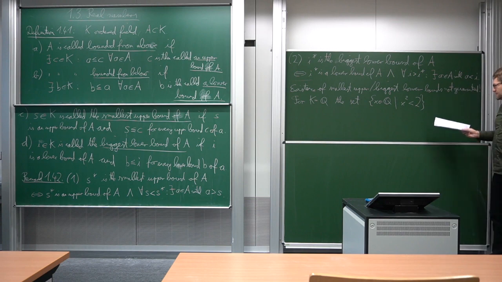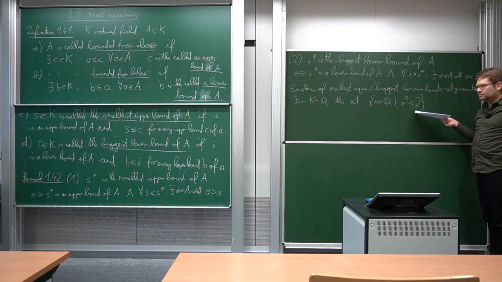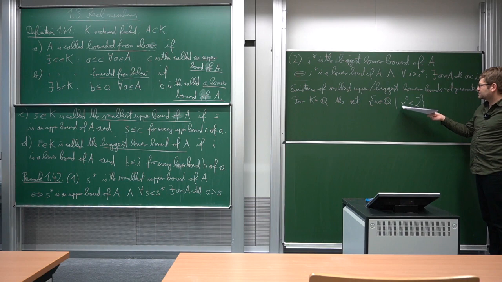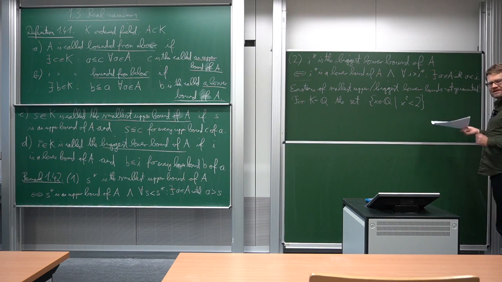What's the smallest upper bound? The smallest upper bound would be the number where we get equality in this computation, so a positive solution of the equation x squared equals 2, and as we've already discussed, there is no rational number like that. This is precisely the phenomenon that some numbers are missing in Q that we want to be part of our real numbers.